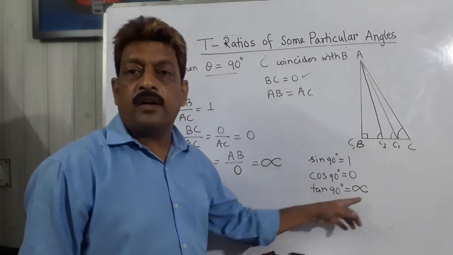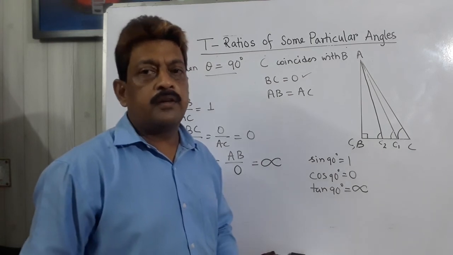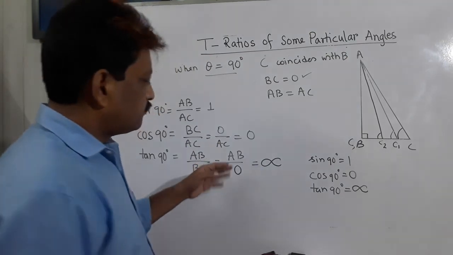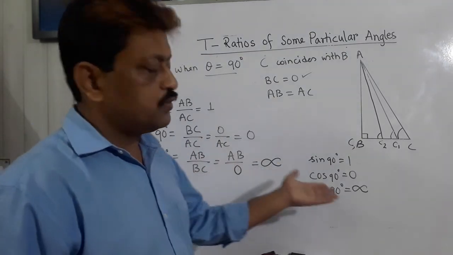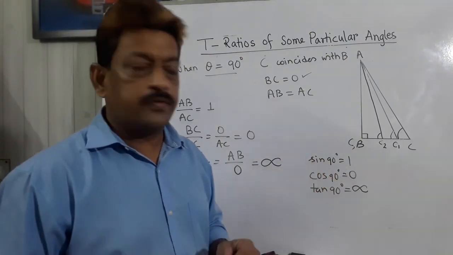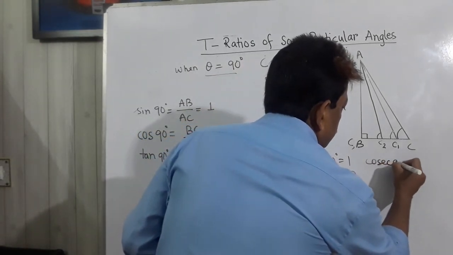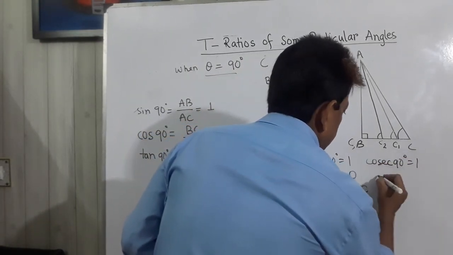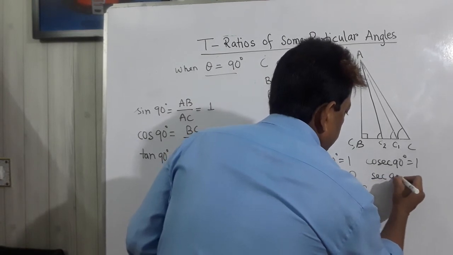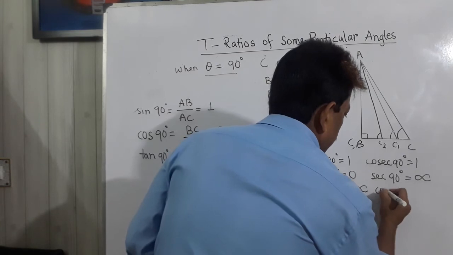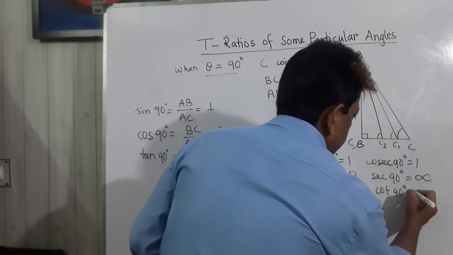So tan 90 is undefined, then cot 90 will be 1 upon undefined, that is 0 upon AB. So 0 upon AB will be 0. So cosec 90 is 1, sec 90 is undefined, and cot 90 is 0.